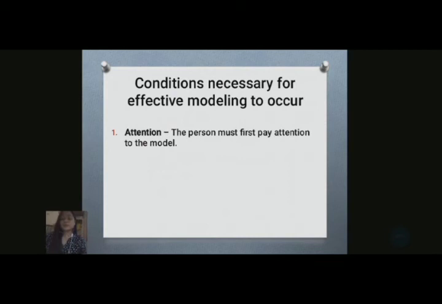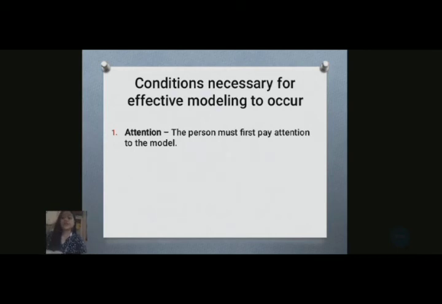Bandura mentions 4 conditions that are necessary before an individual can successfully model the behavior of someone else. So one of the 4 conditions that Bandura has mentioned is attention. The person must first pay attention to the model. So it is important to pay attention towards the model in order to properly observe the behavior.